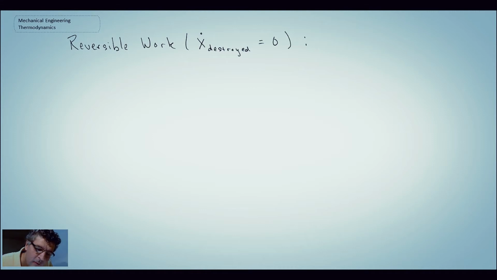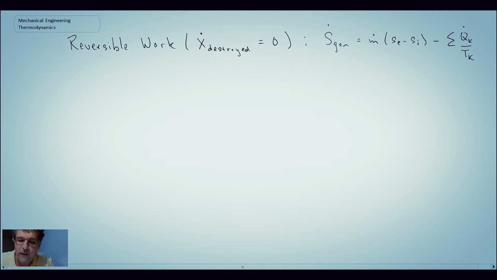And so we can also write this in terms of our entropy generation equation that we've seen earlier in the course. That would be the way that you could get your entropy generation, and then T naught, your dead state temperature, times the entropy generation, would be equal to the exergy destroyed.